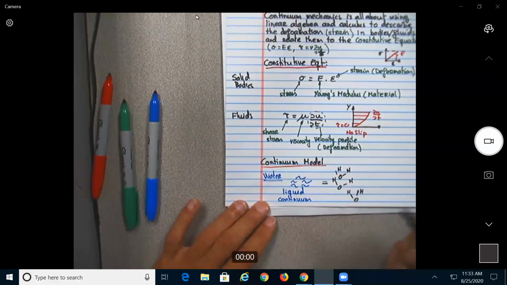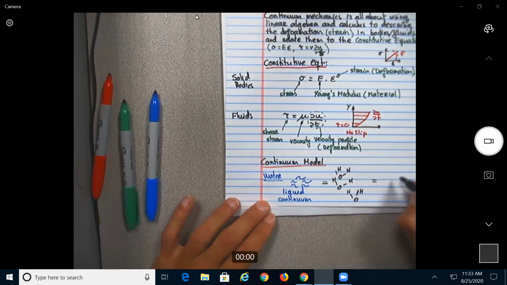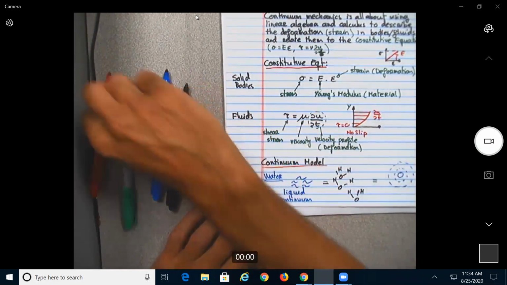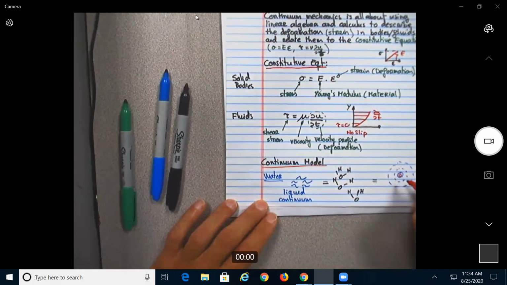Okay? And if you want, you can go even deeper, and you could study this at the atomic level. So you know that this will have 3 different orbits. This will be the nucleus over here.